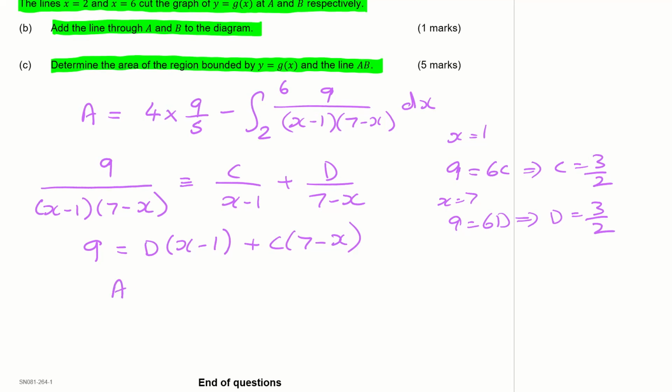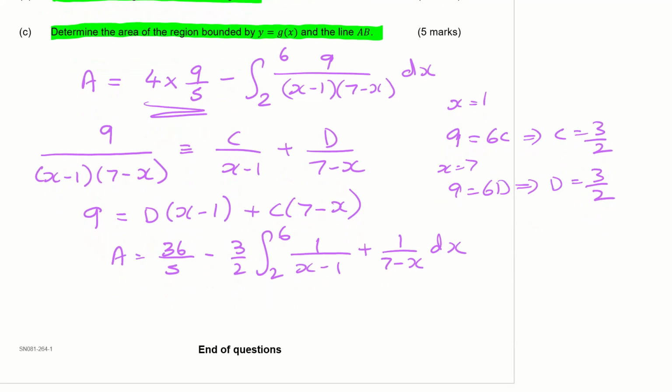So the area is going to be 36 over 5, which is the 4 times 9 over 5, take away 3 over 2 times the integral from 2 to 6 of 1 over (x − 1) plus 1 over (7 − x) dx.